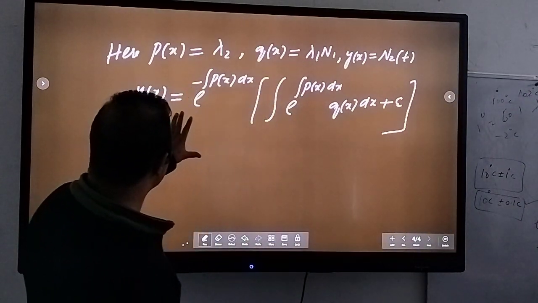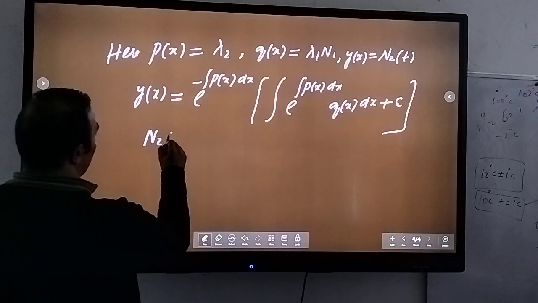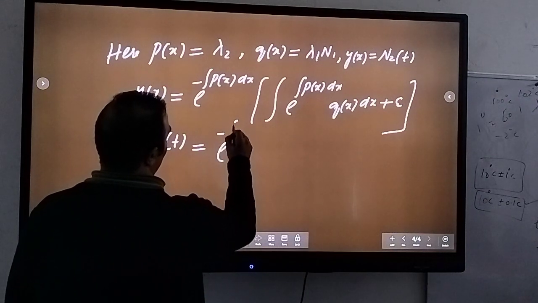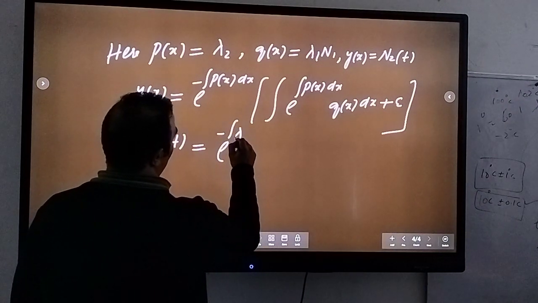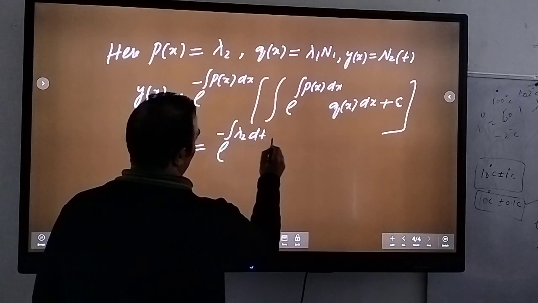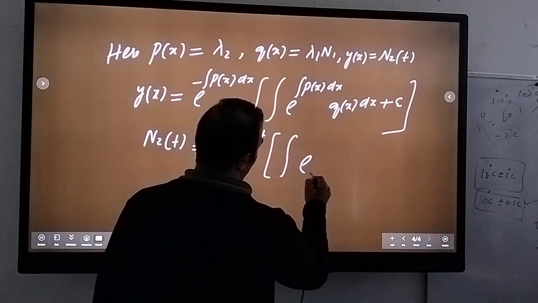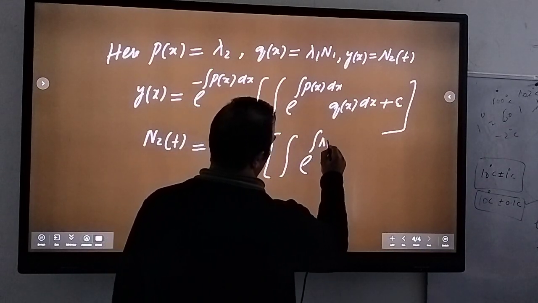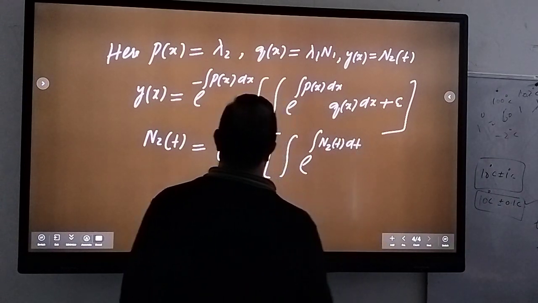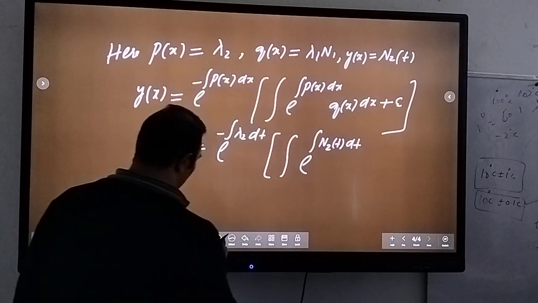Okay, so we can write here: because y of x is n2 of t, n2 of t will be equal to e to the power minus lambda 2 t, what I wrote here is lambda 2, sorry.